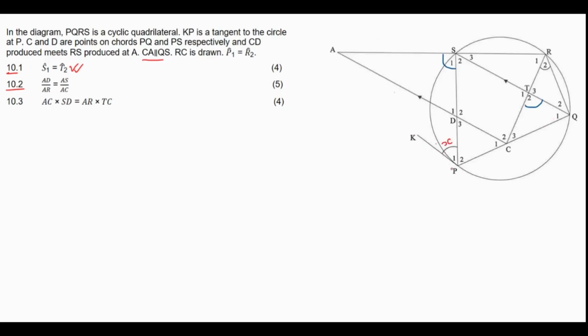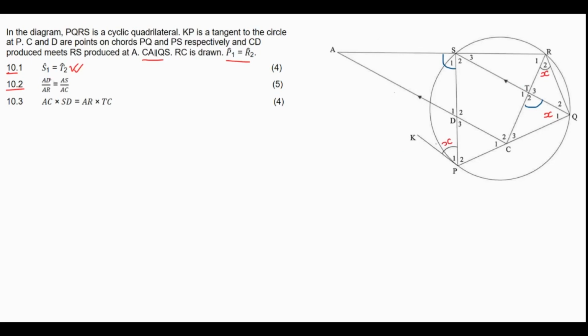KP is the tangent meeting the chord PS at P, then PS subtends Q1 at the circumference. So this angle is X, and we're also given that angle P1 is equal to angle R2, meaning that angle R2 is also X.